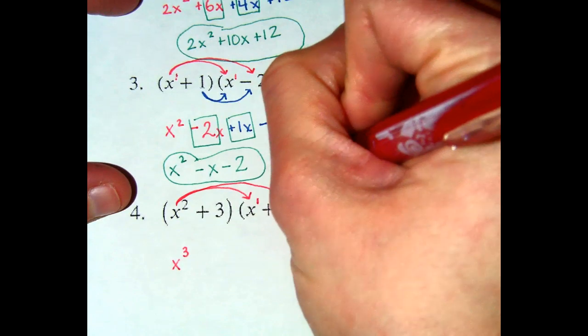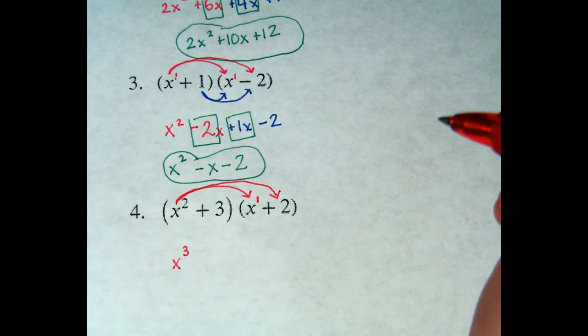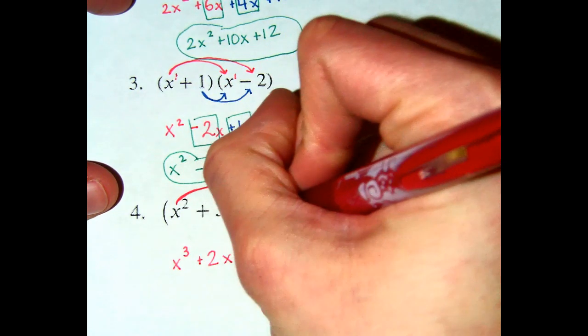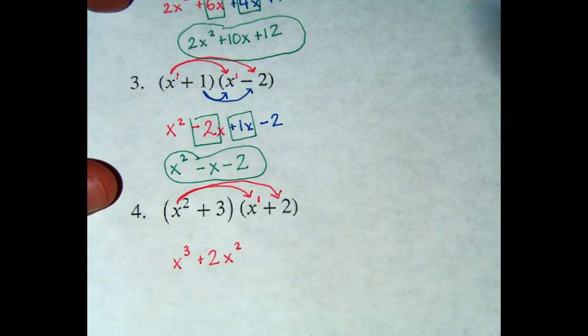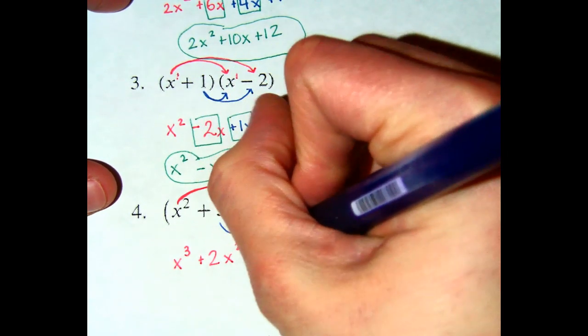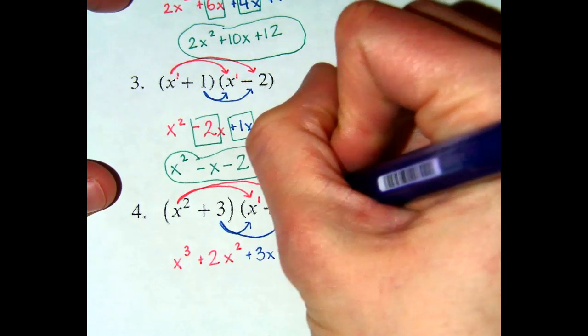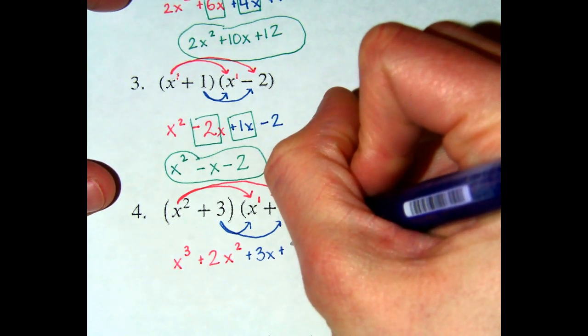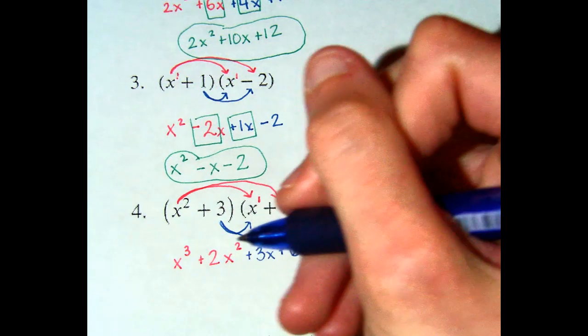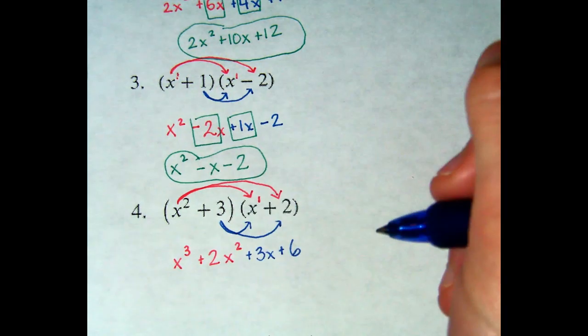Alright, how about x squared times 2. Okay. 3 times x. And 3 times 2. 6. Are there like terms? Is it in standard form?